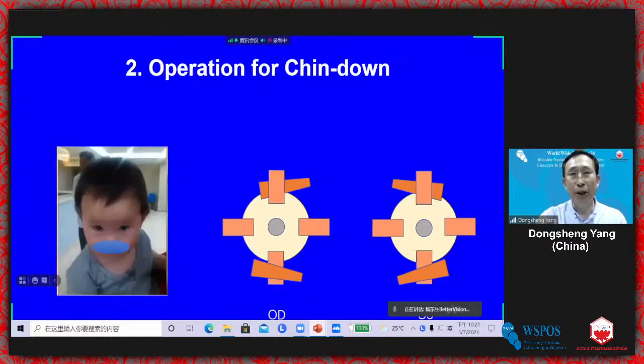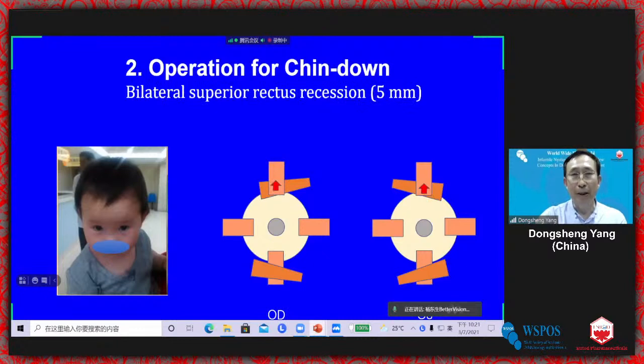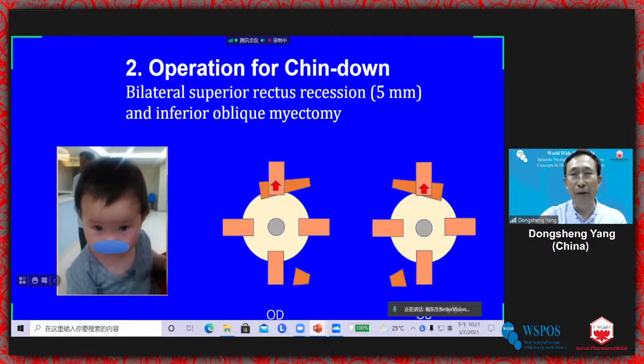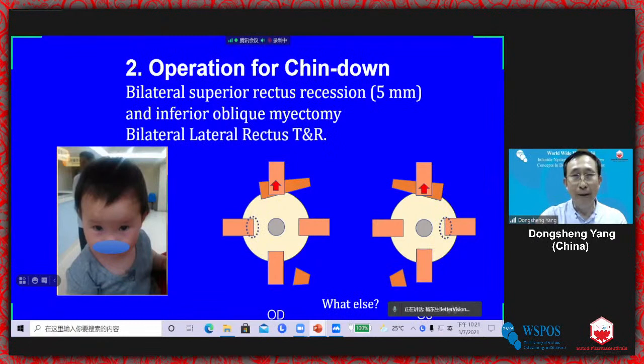Second one, the chin down operation. For the chin down operation, you will first choose to recess the bilateral superior rectus by 5 millimeter. And you may also want to do inferior oblique myectomy. And as Dr. Hertle preferred, he always does the bilateral rectus tenotomy and reattachment, as is shown here.